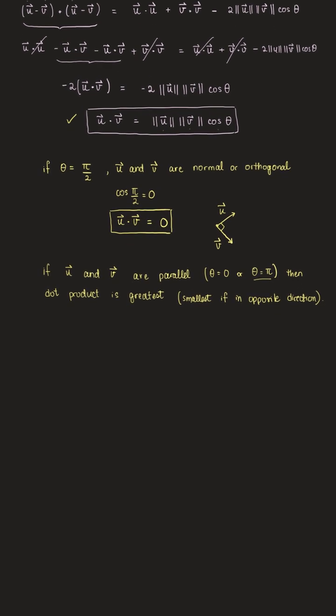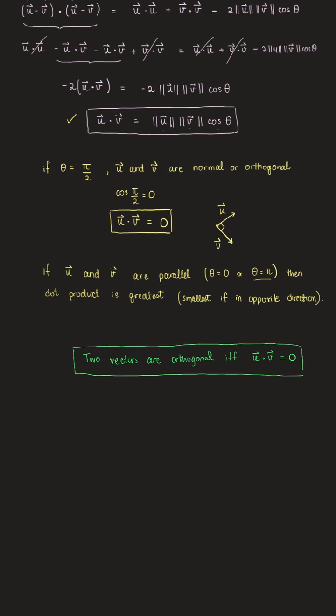So a big takeaway from our work in this video is that two vectors are orthogonal, which means there's a 90-degree angle between them, if and only if, we write that with two F's, their dot product is equal to 0. So big takeaway here, an interpretation of the dot product and what we get from this form. In the following videos, we're also going to see how we find the angle between two vectors. And then we'll move on to projections.